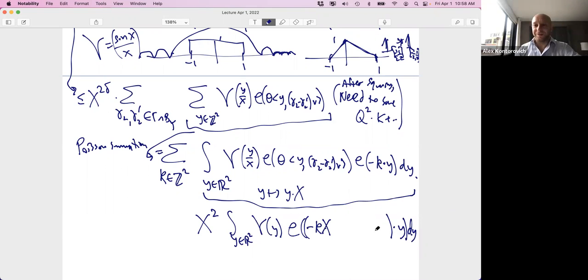So that's just this term. And then there's another term, which is plus theta times x times this gamma 2 minus gamma 2 prime v, which is also being dotted by y.